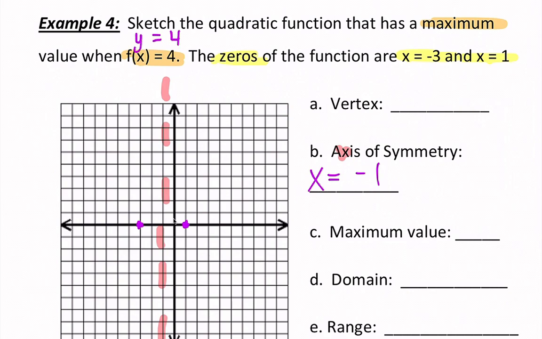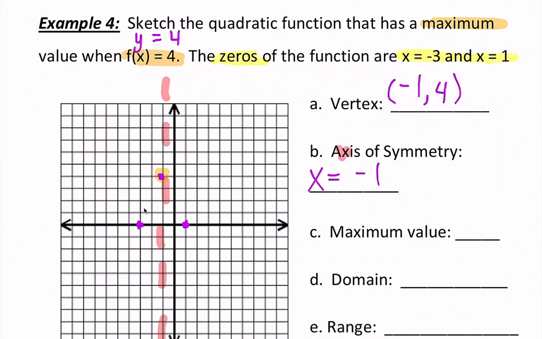So I'm going to go to my axis of symmetry, and since y is 4, I'm going to go up 4 and put a point. So I know my vertex is at -1, 4. And this was the vertex.